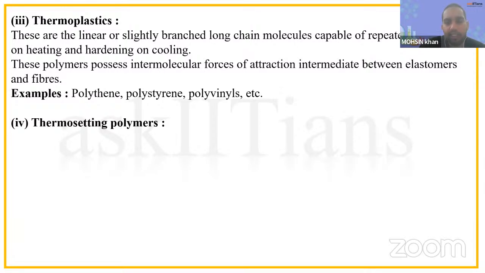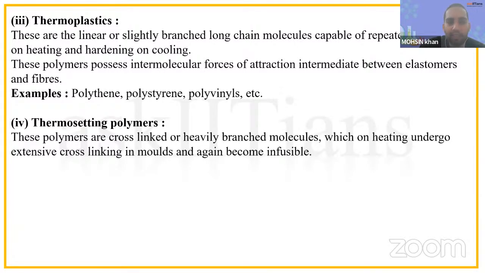Now we have thermosetting polymers. Thermosetting polymers are cross-linked or heavily branched molecules which on heating undergo extensive cross-linking in molds and become infusible. So basically, if we heat them, they form cross-linked molds and cannot be reused, because we can change their shape only once on heating.